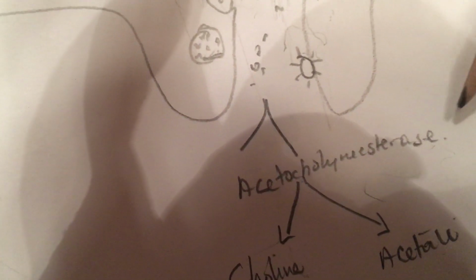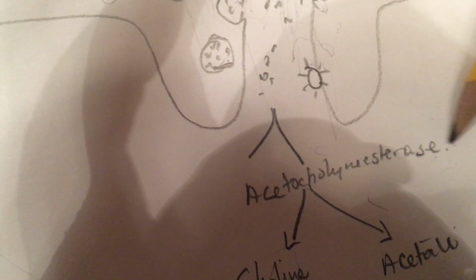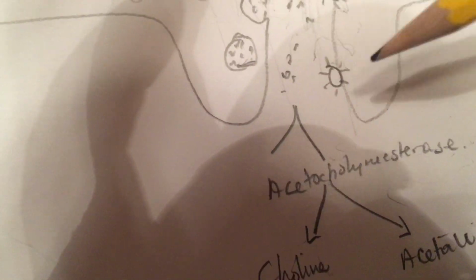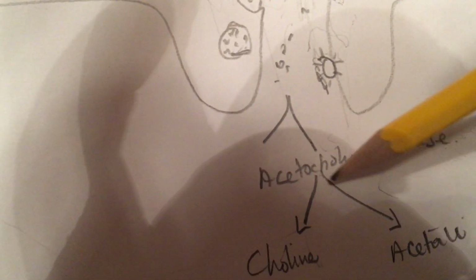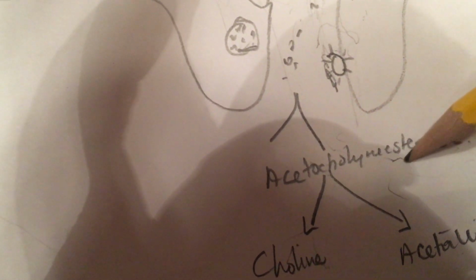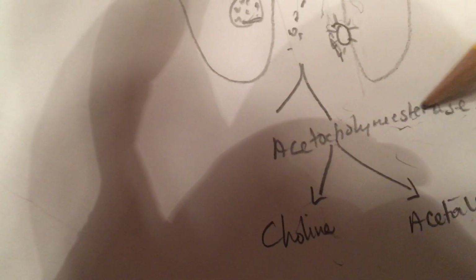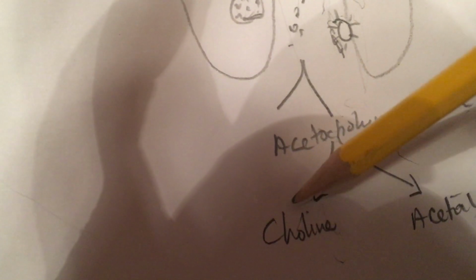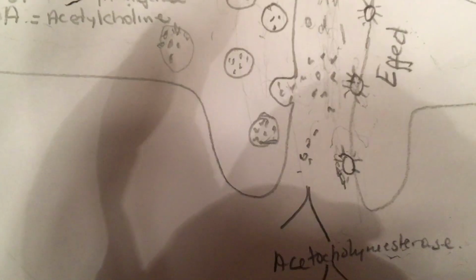So as you can see, when you take drugs that are acetylcholinesterase inhibitors, you can see how they create their action here. They could either block these receptors from receiving acetylcholine altogether, or they can stop acetylcholinesterase from disintegrating acetylcholine into choline and acetate.